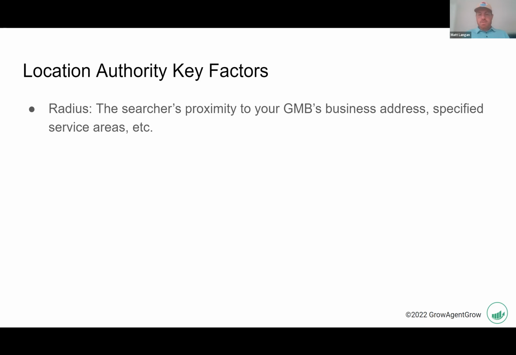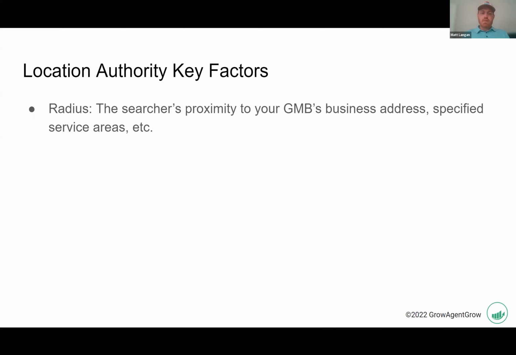This is pretty straightforward. You put in your address, 100 Main Street, Norfolk, Virginia. That's your location. If Google sees that somebody's looking for an agent within that location or around there, they're going to favor those based on the radius.